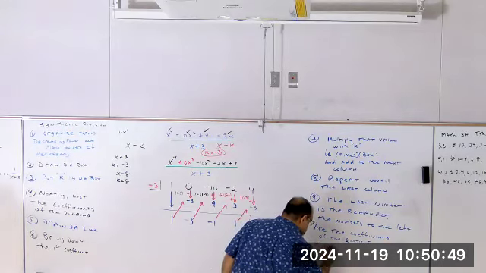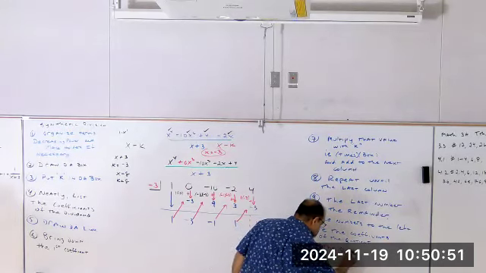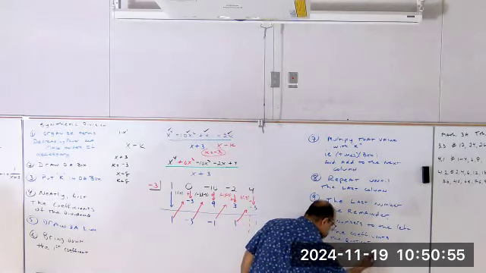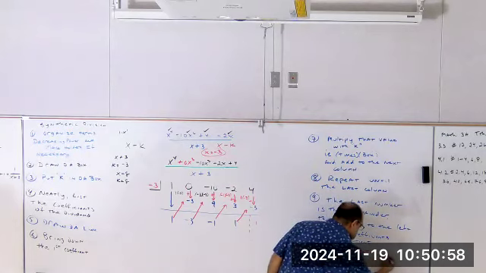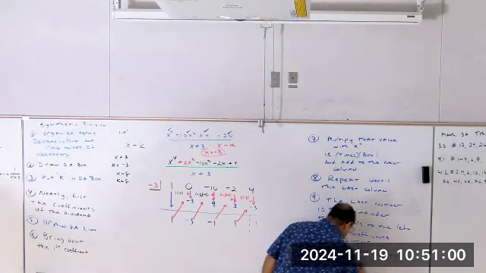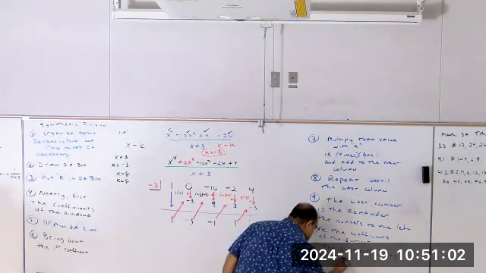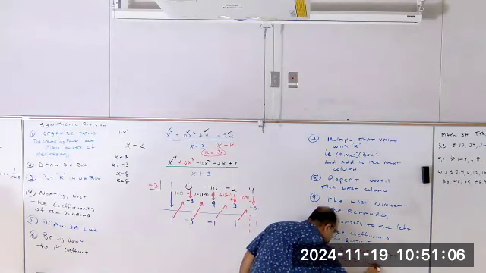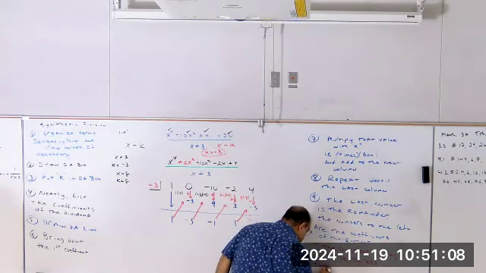The quotient starts 1 degree less than the dividend.